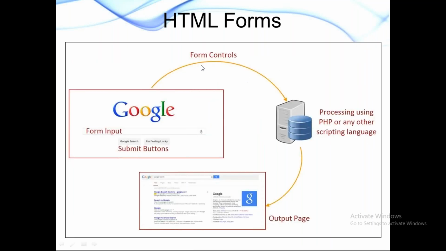When you're searching something in Google, you open Google and type the keyword. Google displays a text box, you type the keyword inside it, and Google will search for all the web pages related to that keyword. So here again, Google is accepting your input from a form only.